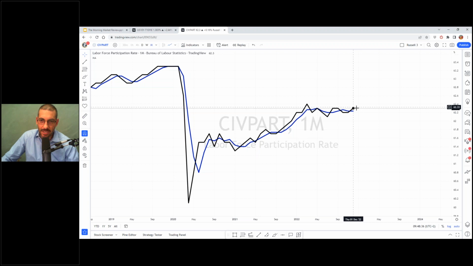The participation rate's ticking up. What does that mean? It means there's more people in the job market. If there's more people in the job market, there's a higher supply. If there's higher supply, that seems to cap the wage inflation because there's an excess supply.